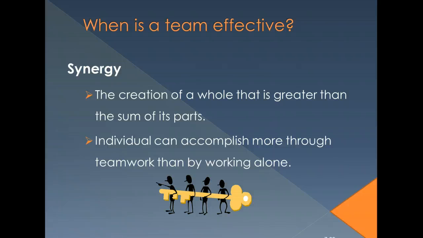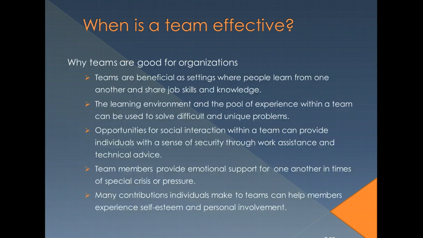That's an example of how the whole is greater than the sum of its parts. In a teamwork effort, maybe one person is not capable of building a house in 3 months, but a team of people is capable of building a house in 3 months. So that's probably the most important thing about teams. Let's talk a little bit more about why teams are good for organizations, and this may duplicate some stuff we've talked about.